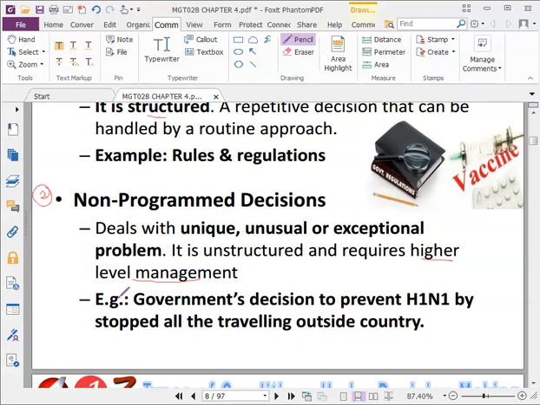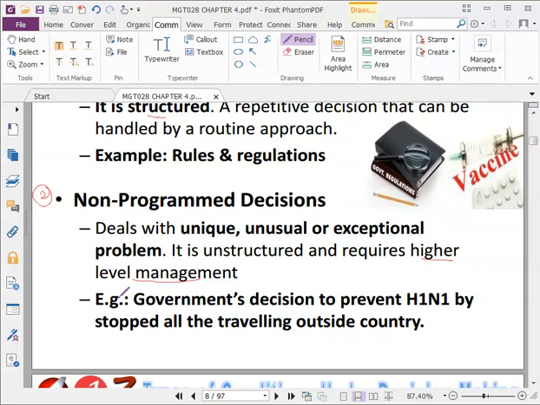Okay, for example here, this slide is using the government as an organization. Okay, so what has the government done? Okay, for example, government's decision to prevent H1N1 by stopping all the traveling outside the country. Okay, that is one of the non-program decisions. Same goes, okay, H1N1 was about 10 years back, if I'm not mistaken.